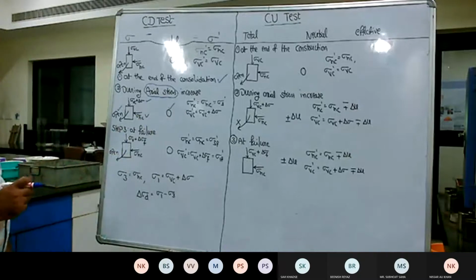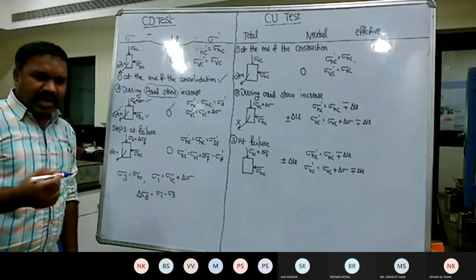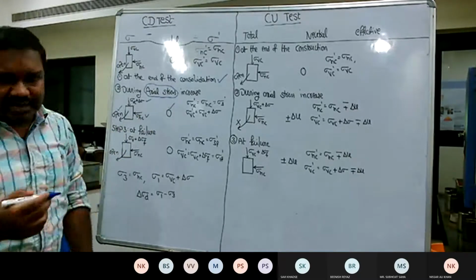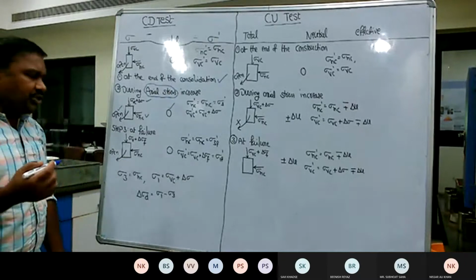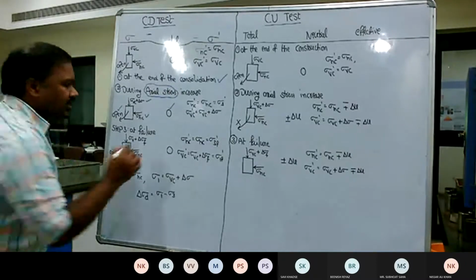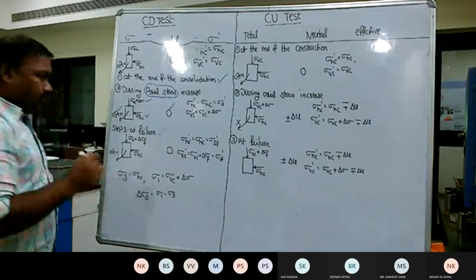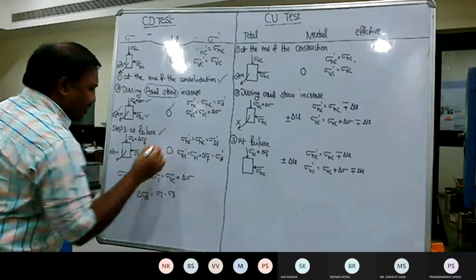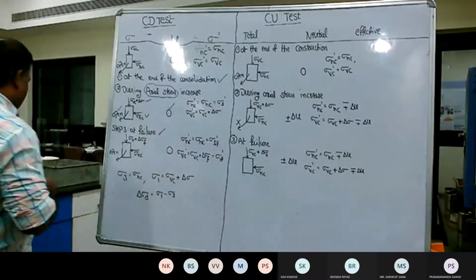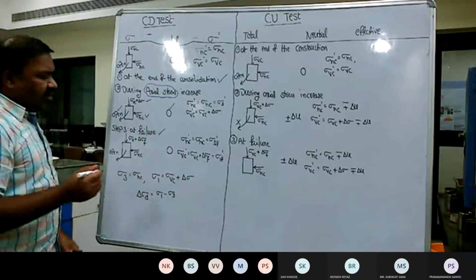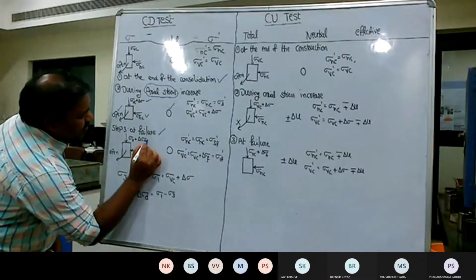Now the third condition: you have increased the axial stress until the sample has reached the failure state. That is called at failure. So here the stresses are represented in the form of sigma or delta sigma f.